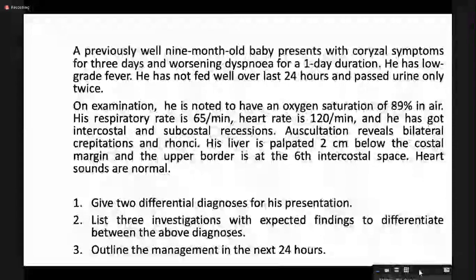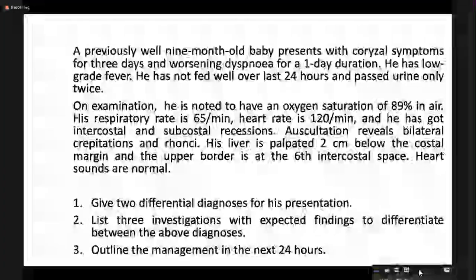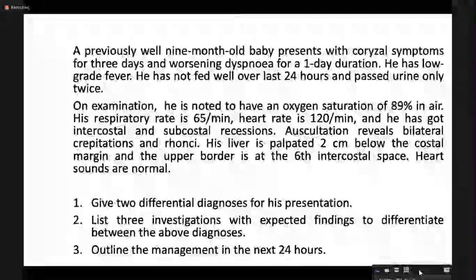Heart rate is 120. And he has intercostal and subcostal recession. Auscultation reveals bilateral crepitations and bronchi. His liver is palpated 2 centimeters below the costal margin and upper border is at the 6th intercostal space. Heart sounds are normal. Give 2 differential diagnoses for his presentation. That's the first question.